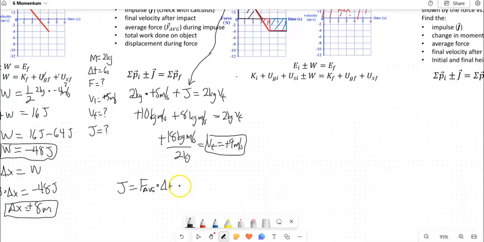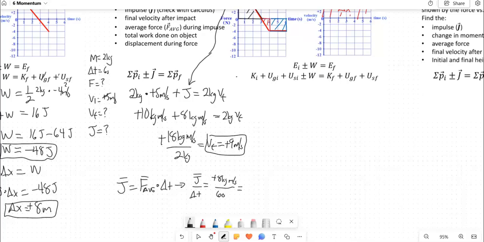So what this means is the impulse over time is our average force, which is going to be positive 8 kilogram meters per second divided by time, and that's a period of 6 seconds.